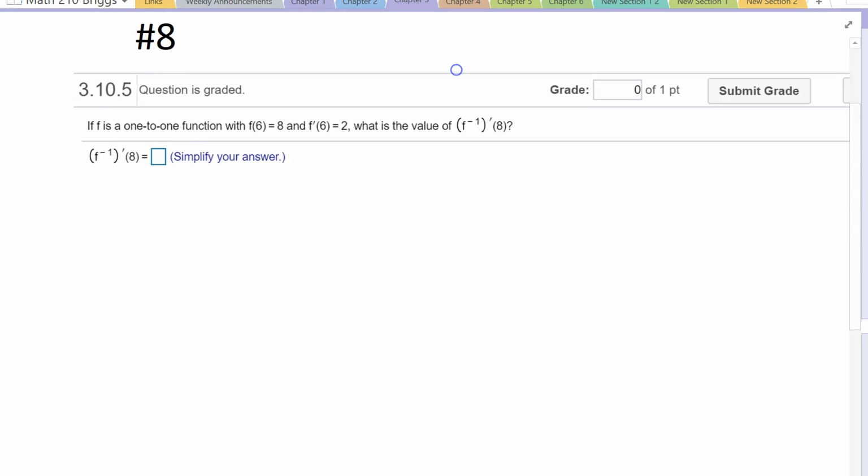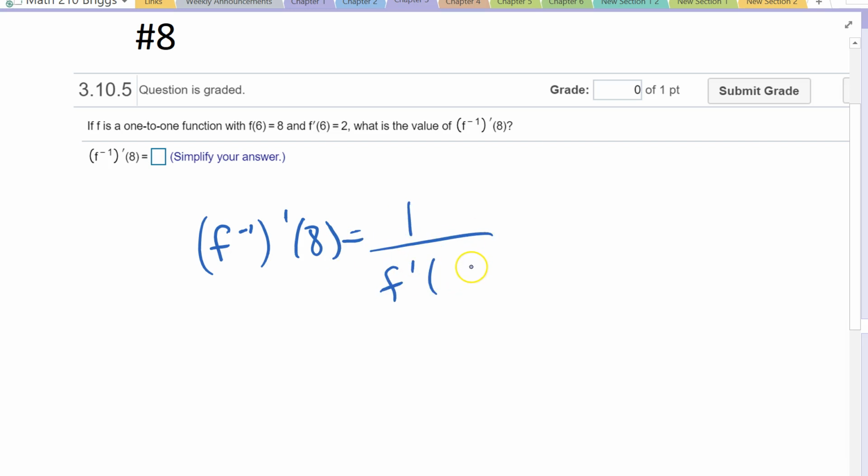So here we're looking for the derivative of the inverse function at 8. What did I plug into my original function to get out 8? I got 6 there.